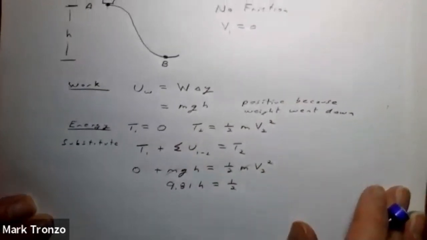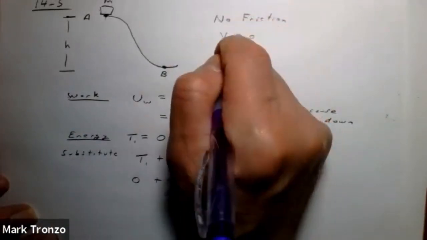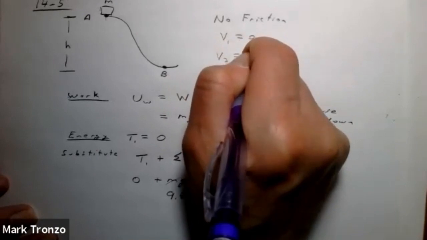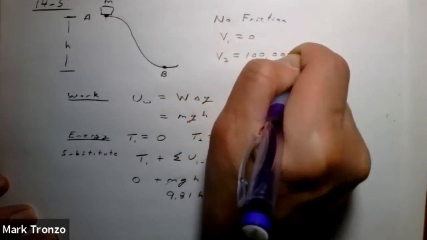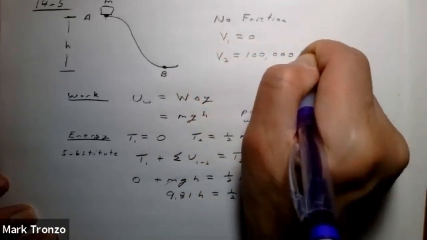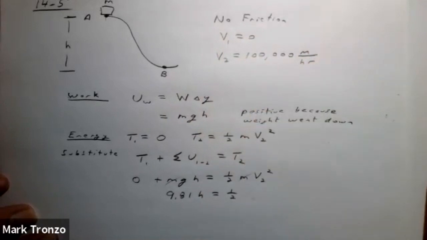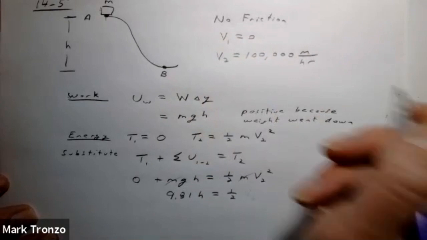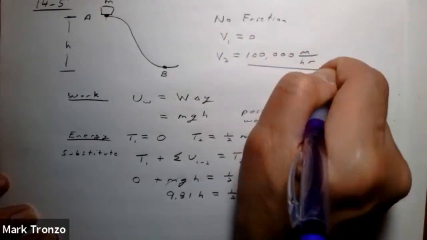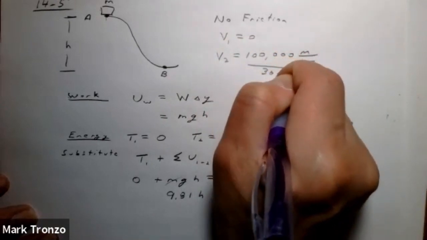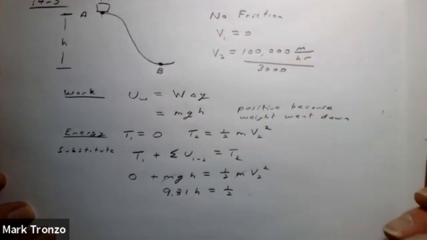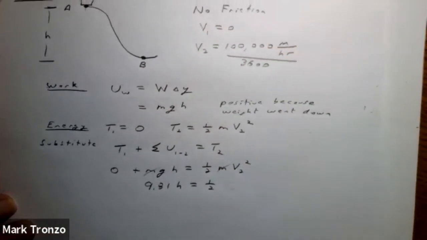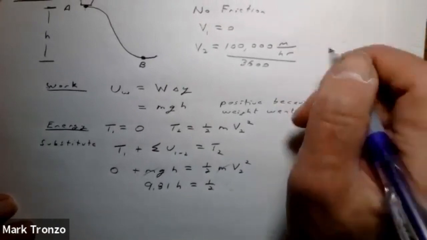So for our velocity, it was given to us, our velocity at v2 was 100,000 meters per hour. So if we take 3,600 and divide that by 3,600, that will give us our meters per second.